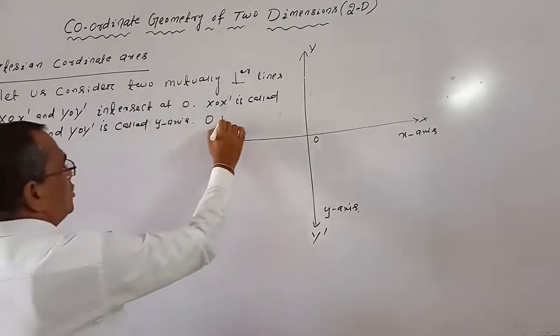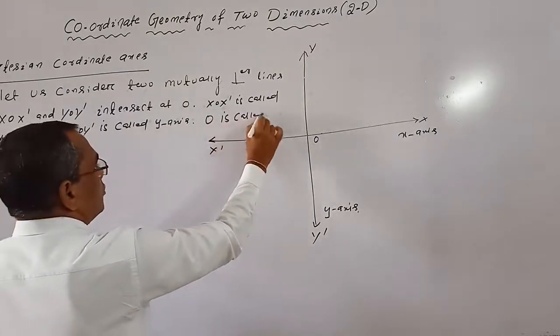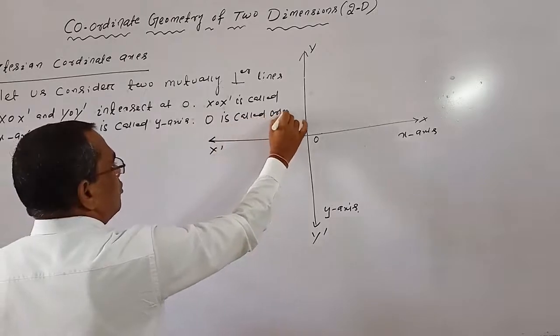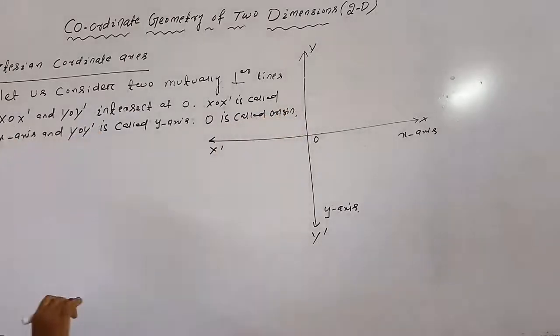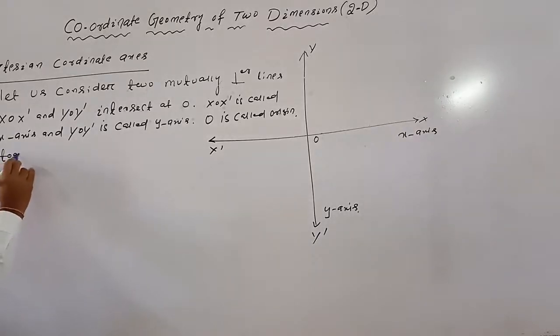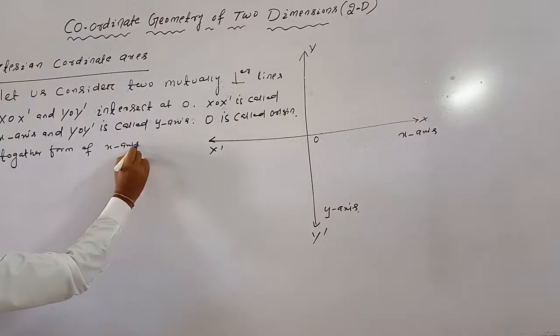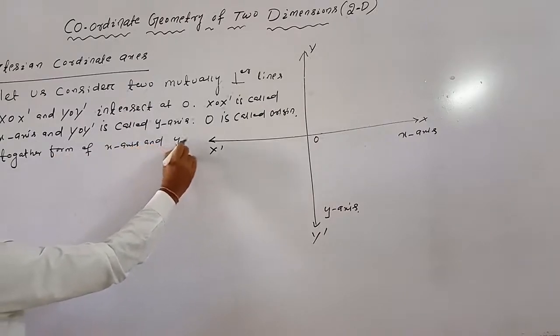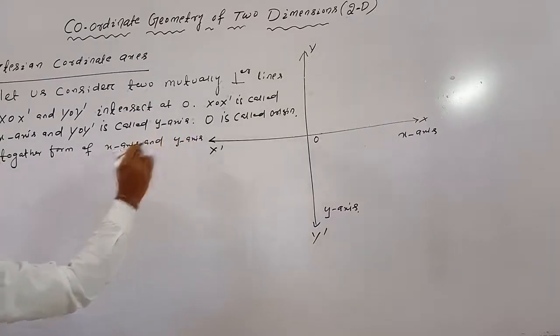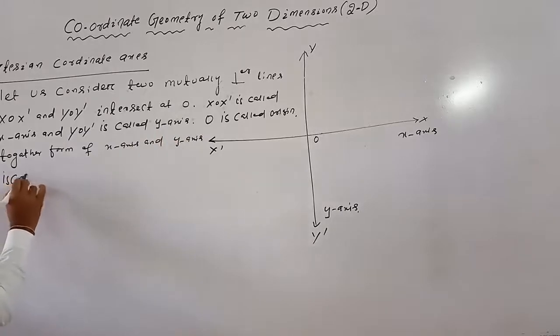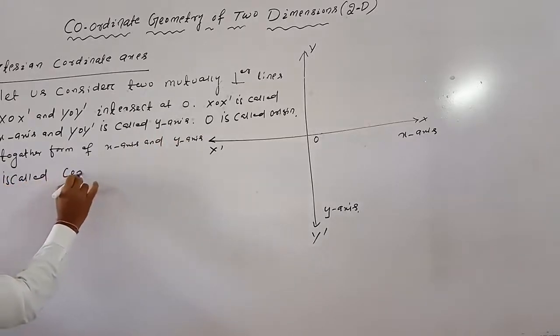O is called origin. X-axis and y-axis together is called coordinate axis.